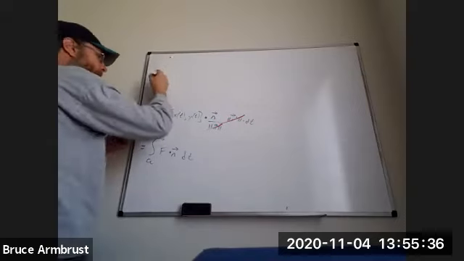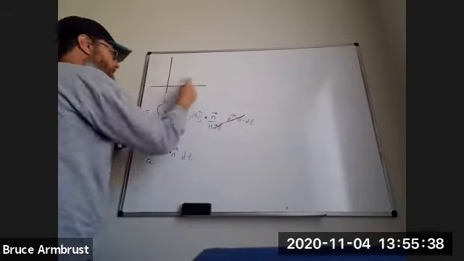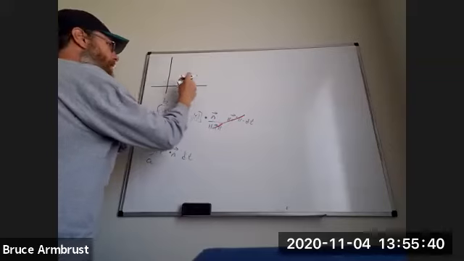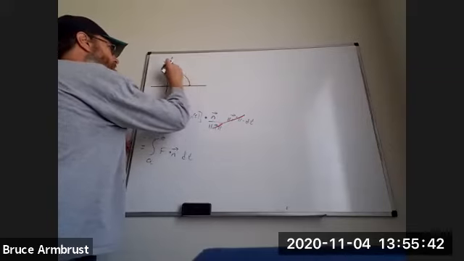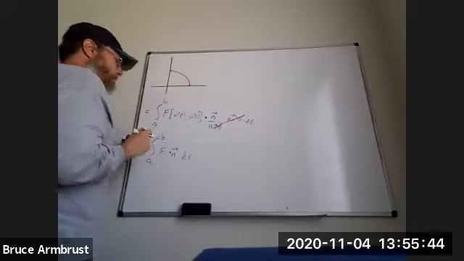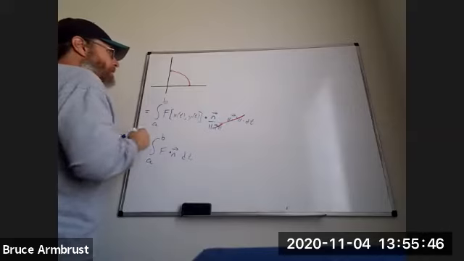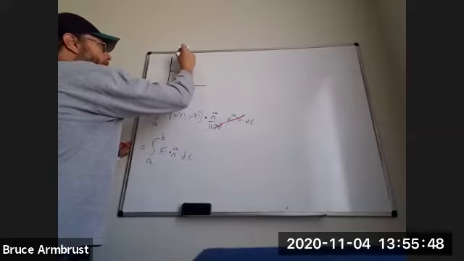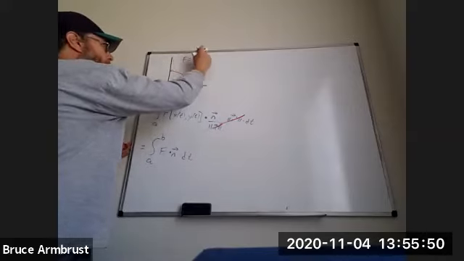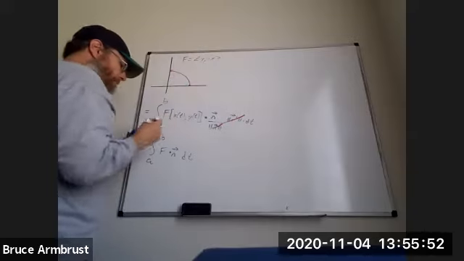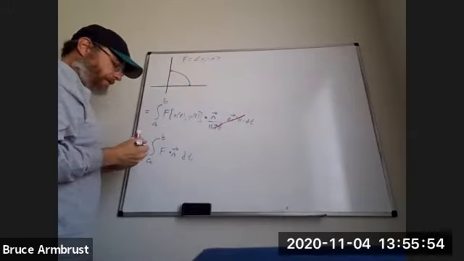We're going back to this guy, where this is our path, that's our curve. And again, let's go with F equal to y comma negative x. But this time, let's calculate the flux.